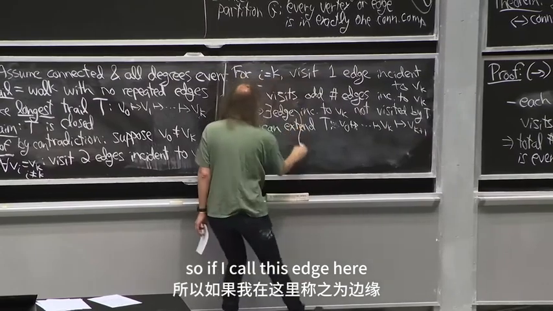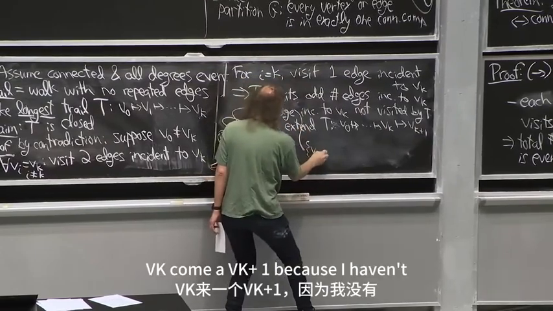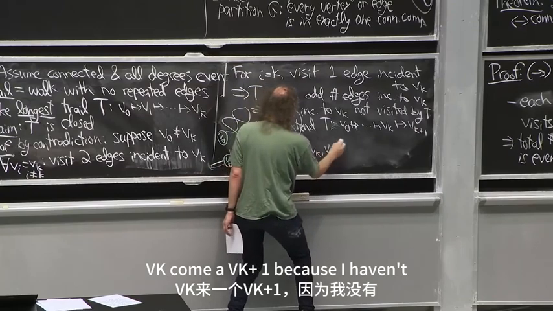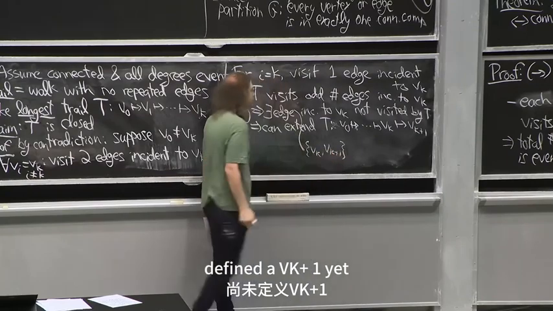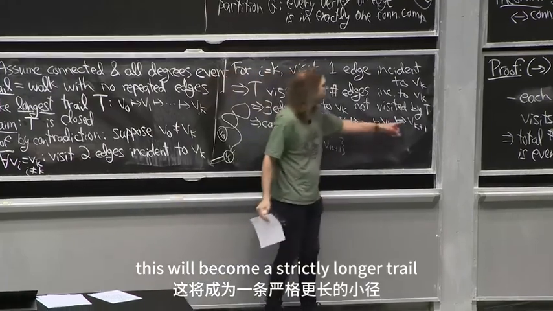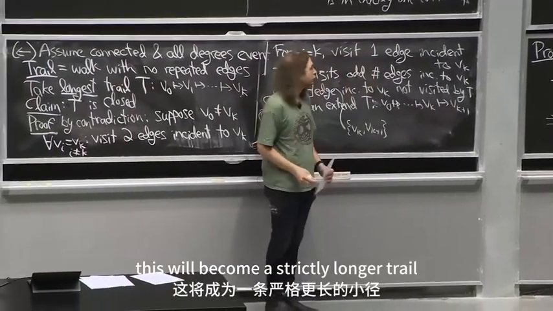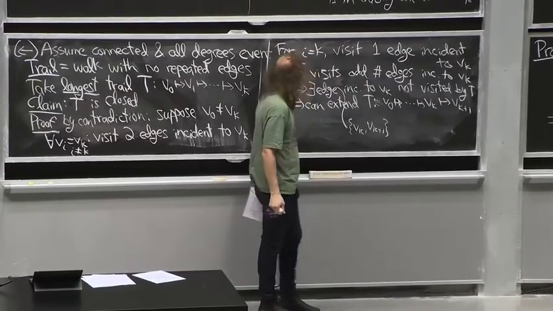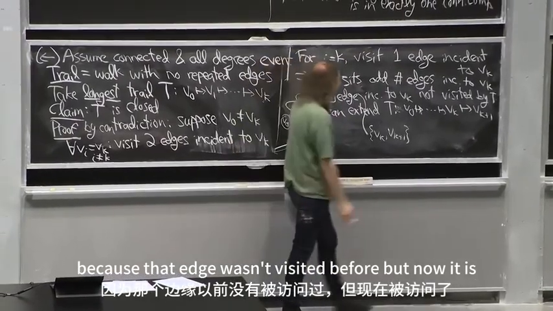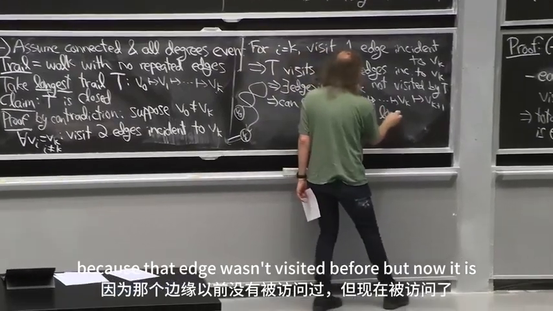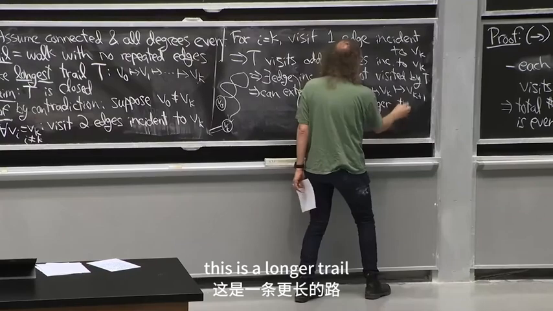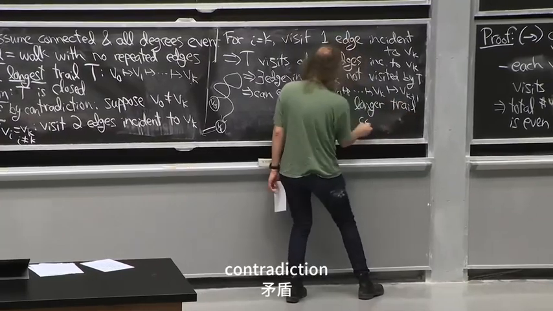If I call this edge (vk, vk+1), because I haven't defined a vk+1 yet, then this will become a strictly longer trail, because that edge wasn't visited before, but now it is. This is a longer trail, a contradiction.